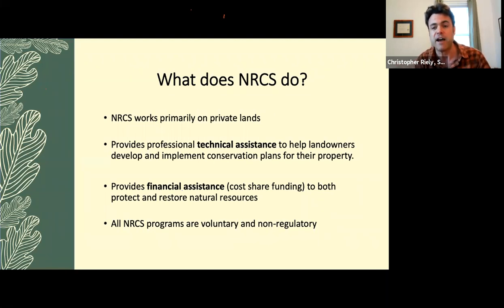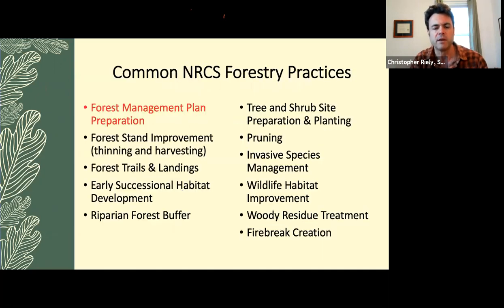And then they also provide significant financial assistance in the form of cost share funding to help landowners pay for the implementation of these measures, which might otherwise be hard for some landowners to pay for. They can typically cover about 75% of the cost of these practices, and it comes as reimbursement after implementing the practice on the ground. And again, just want to emphasize that all NRCS programs are voluntary. They're non-regulatory. Next slide, please.